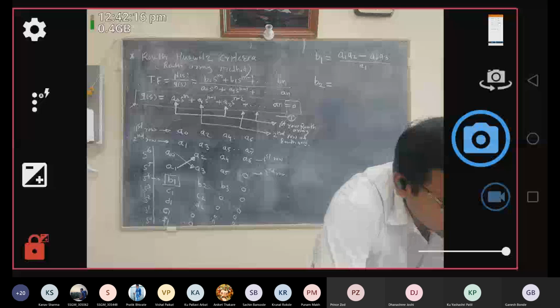So what is the meaning of these sign changes? Sign changes indicate the number of roots which lie on the right hand side of the s plane. So note down: the number of sign changes in the first column must be equal to the number of roots in the right hand side of the s plane.